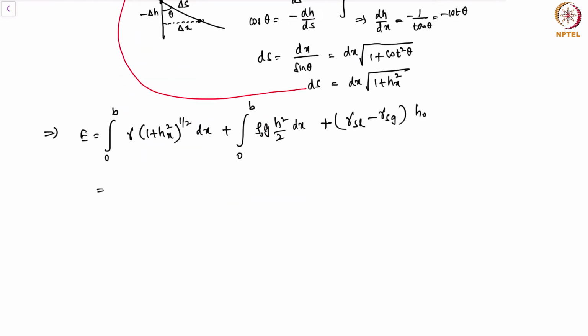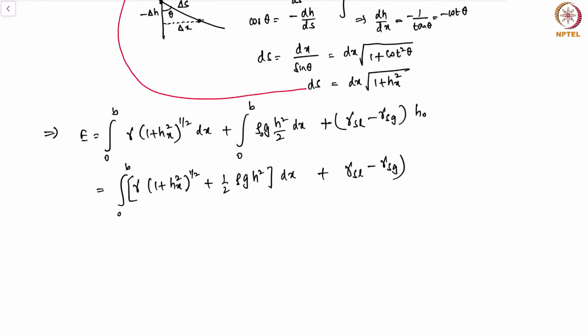So we can now combine this into one single integral, 0 to B, gamma of (1 plus hx squared) whole power half, plus half rho g h squared dx, plus gamma SL minus gamma SG of H naught.